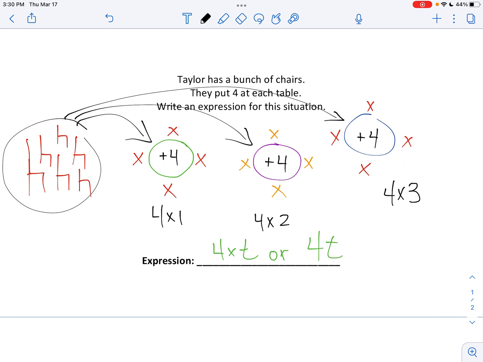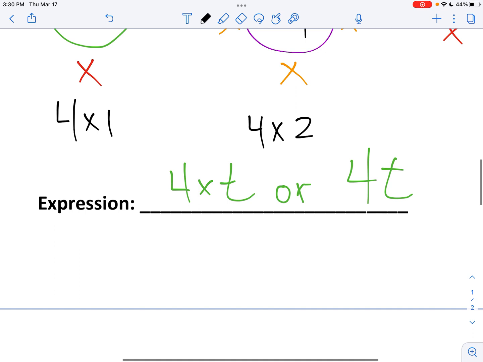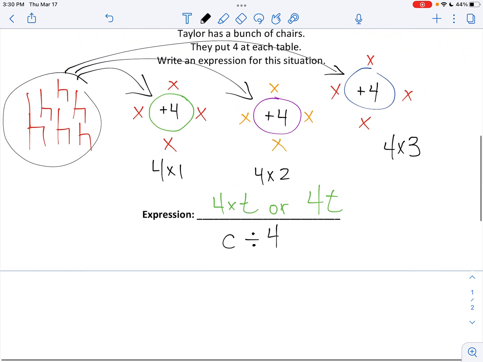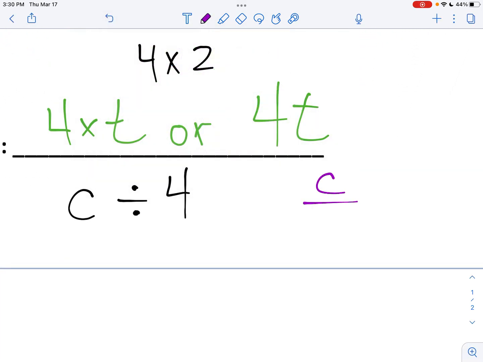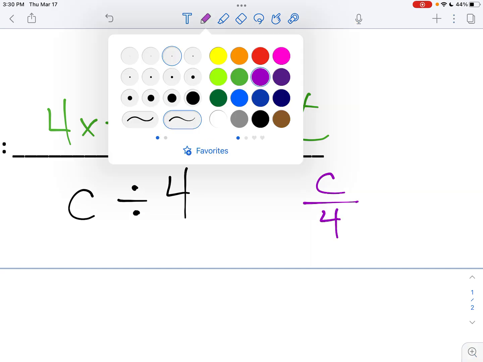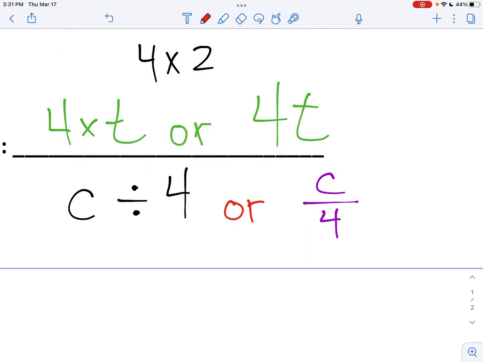So potentially a better one, because if you don't know how many tables there are, right, you're starting with the chairs, a better expression would be take the chairs and split them, divide into groups of 4. The chairs are getting split so that there are 4 at each table. And the other way that we could write that in 6th grade is C on top of 4 as a fraction. I'll put an or there, right?